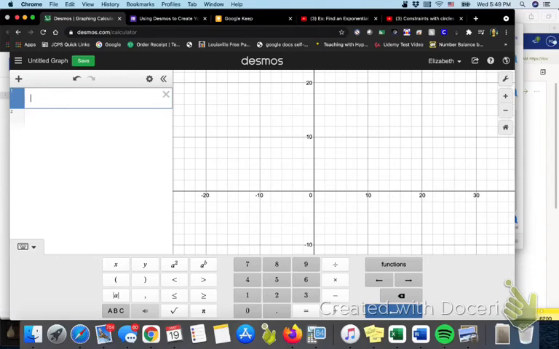So an example of an exponential function is something like y equals x, and to get the exponent, I'm going to hit this little AB button right there. And I'm just going to say x to the 3rd. So notice that it gives you this curvy line that goes up.